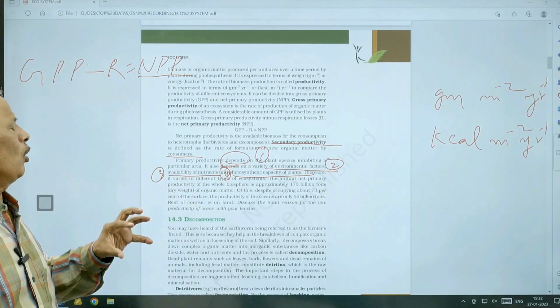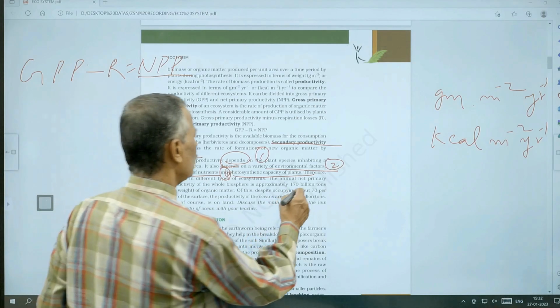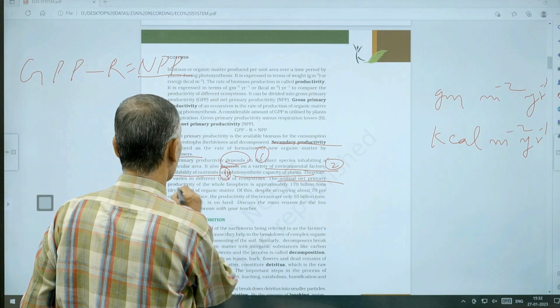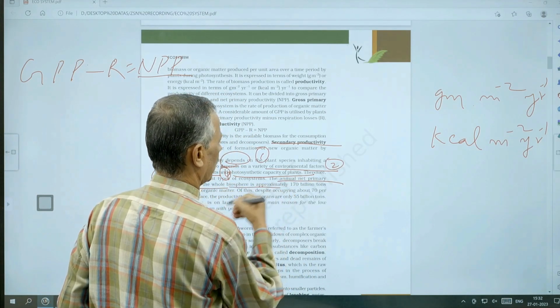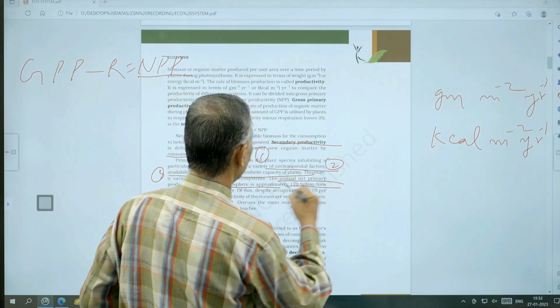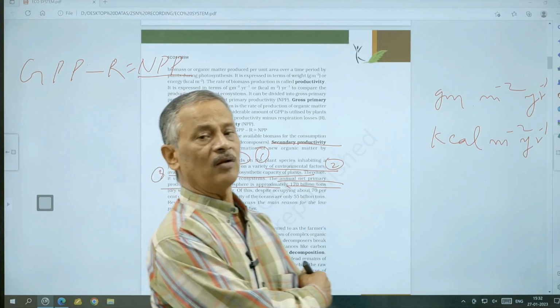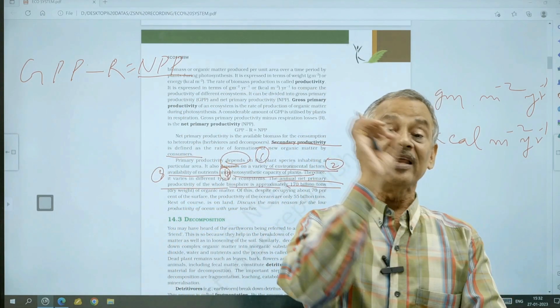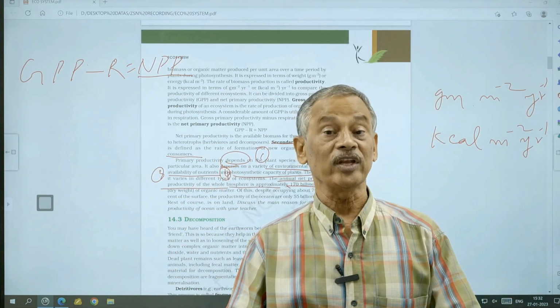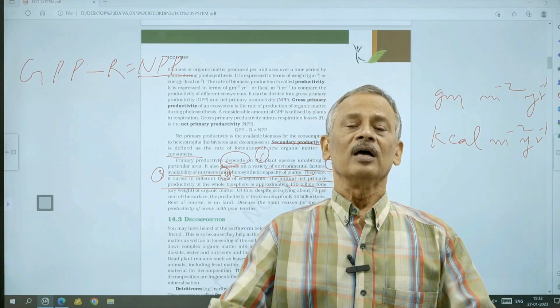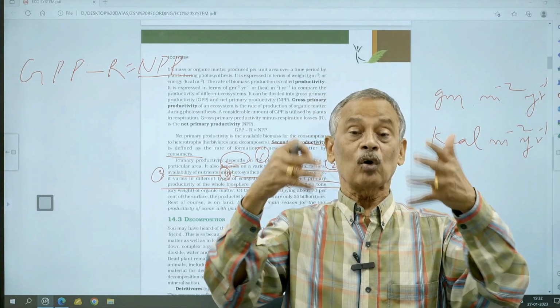On the whole of the world, the annual net primary productivity of the whole biosphere is 170 billion tons. Remember, we always take the dry weight, not wet weight, because the wet weight goes on changing.